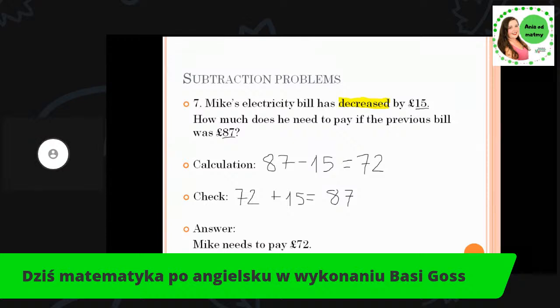That was problem number 7. I think we have 2 more. Well done, Cornelia. Very good sentence. And the pound symbol is in front of 72. This is what we need. Great.